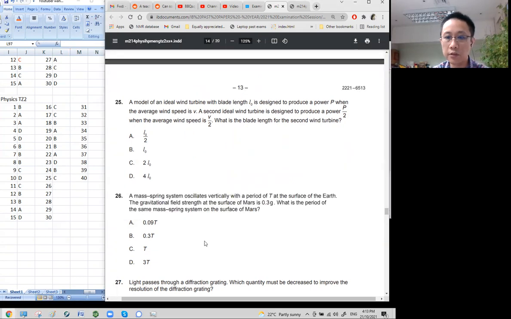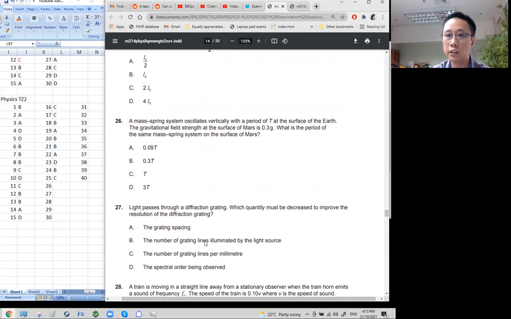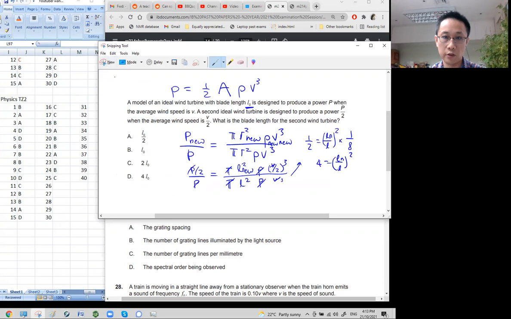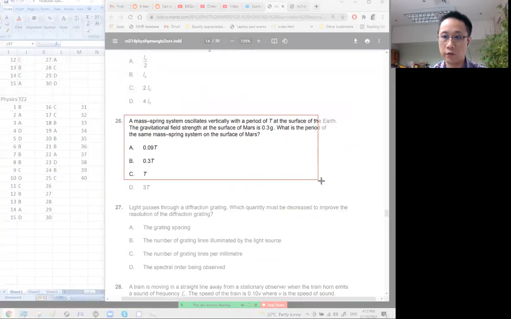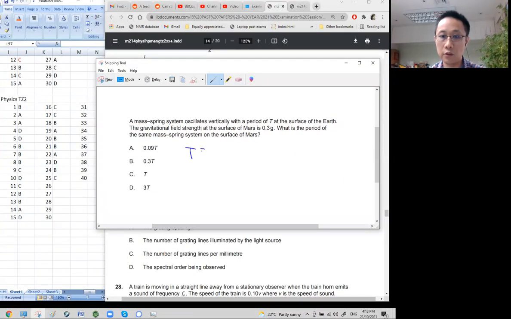Okay, 26, a mass spring system oscillates vertically with a period of T, and you move the setup to a new location where the gravity is weaker. The equation for this is quite straightforward. It's in the formula book. T equals 2 pi root L over g. So T new over T would, well, pi and L are the same.